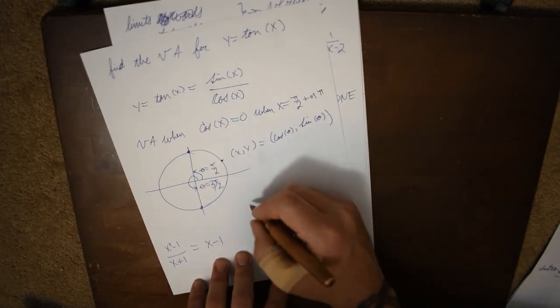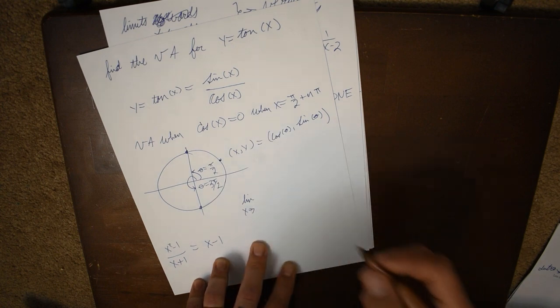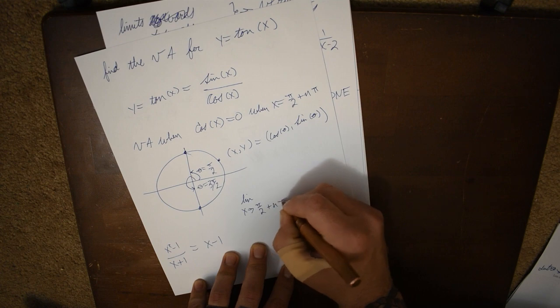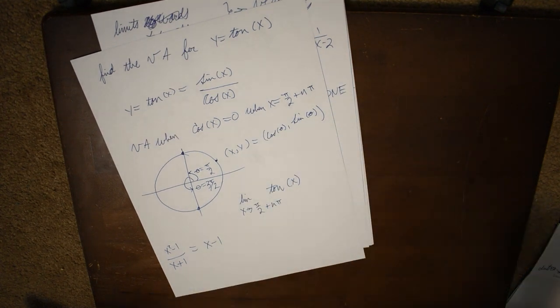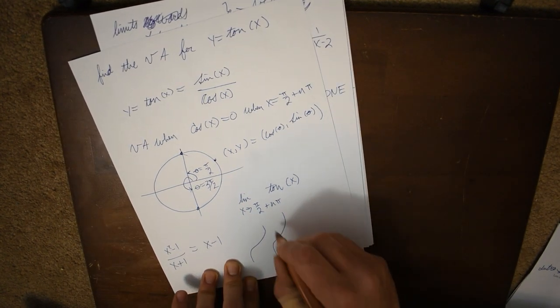So we know that the limit as x approaches pi halves plus n pi of the tangent of x is not going to exist because of the way tangent looks. It wiggles.